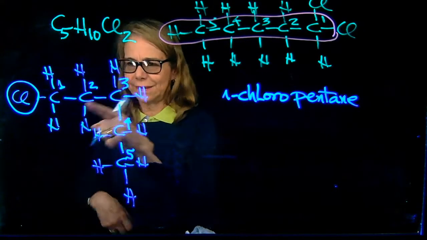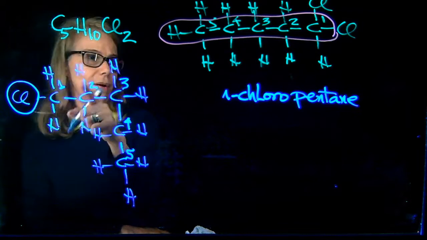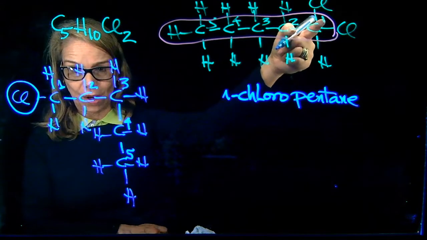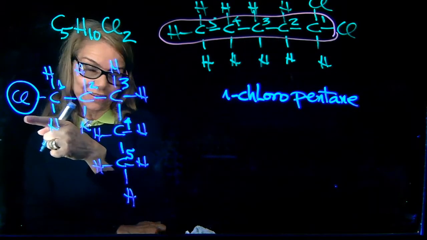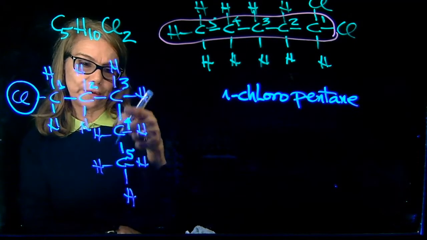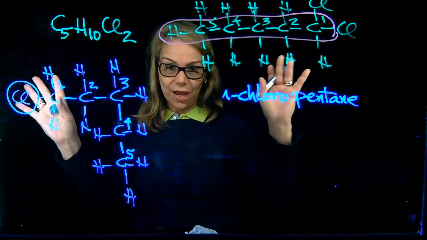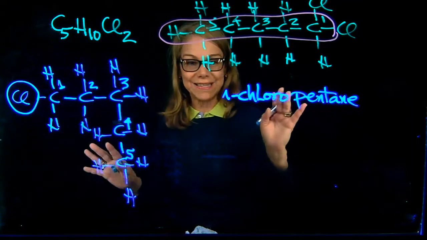And here I see that chloro is also on carbon 1. Only that here I numbered carbon 1 on that side, and now it's on this side, but it's the same thing. So 1-chloro and 1, 2, 3, 4, 5, pentane is the same. So notice that they are just two different pictures of the same molecule.